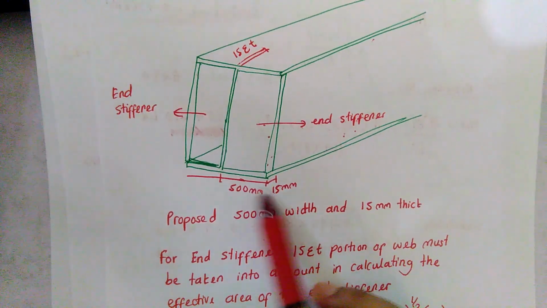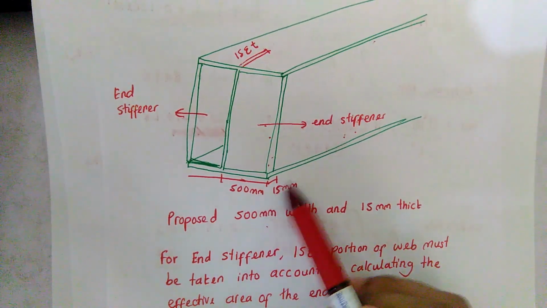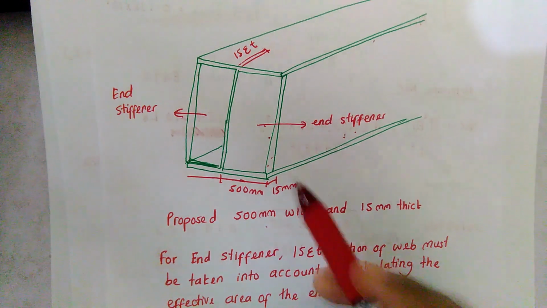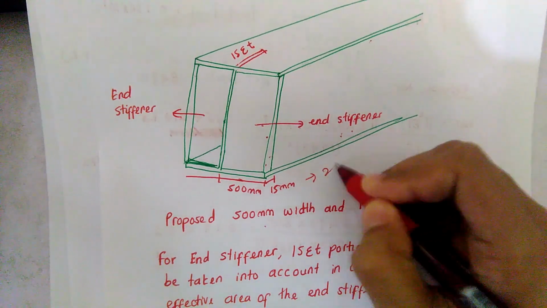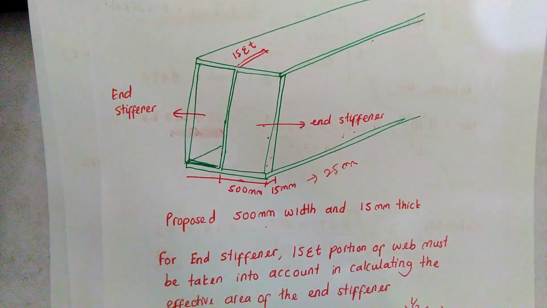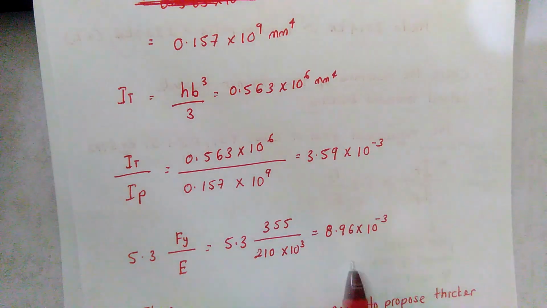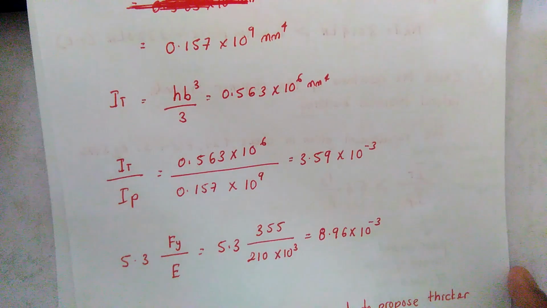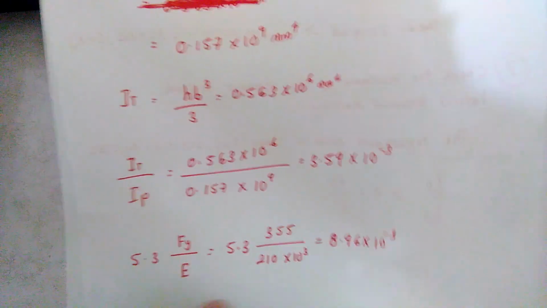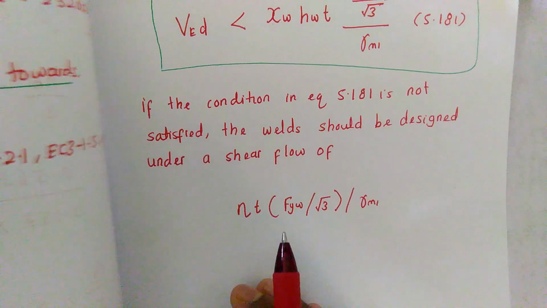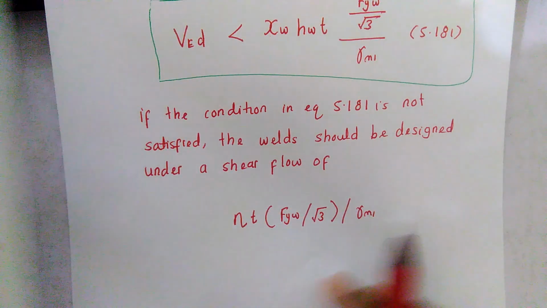The size that we proposed earlier is not enough, so you may need to provide a thicker size. We propose to have 25 millimeter. Once you have proposed the 25 millimeter, the same check needs to be done again, and I'm sure it is enough. You can check to see whether it is enough or not.